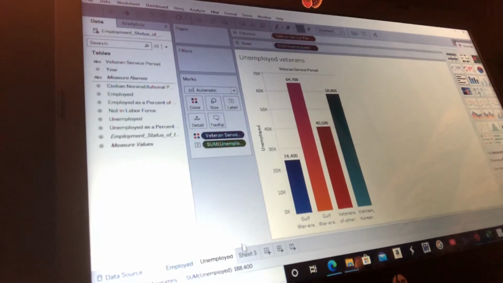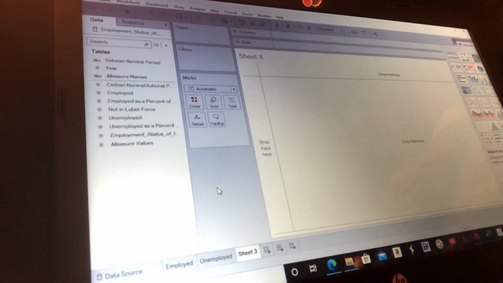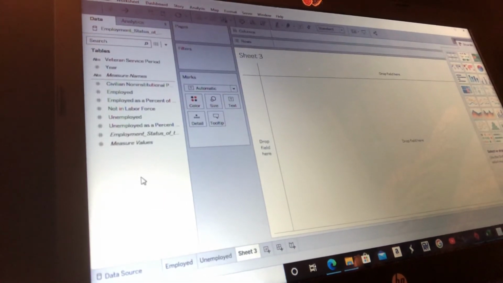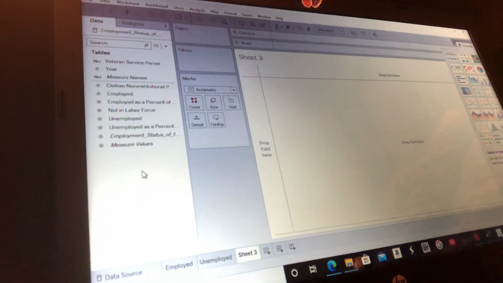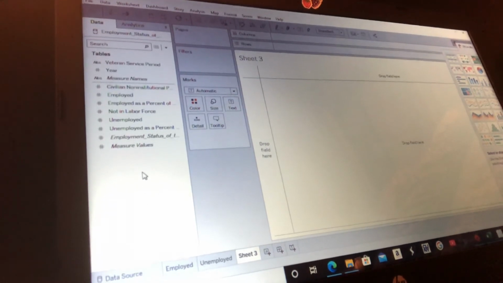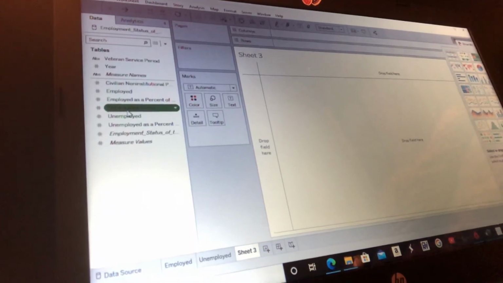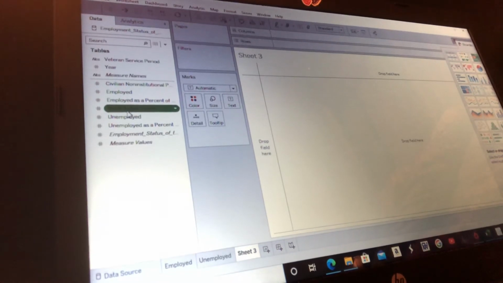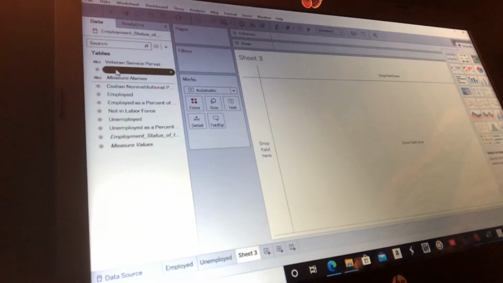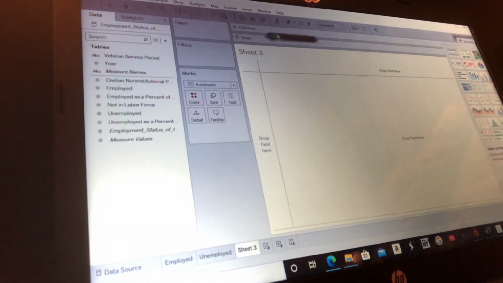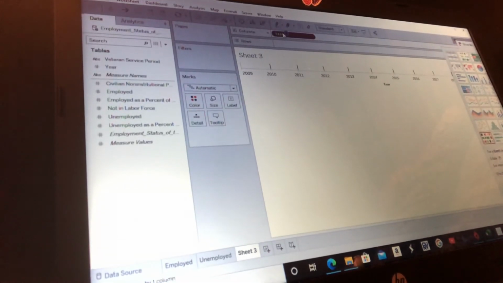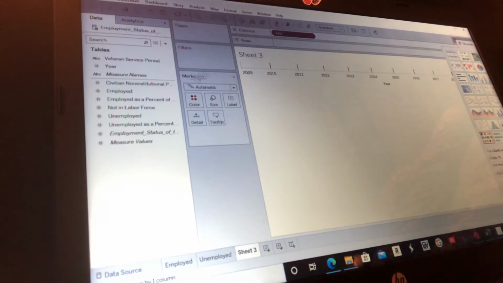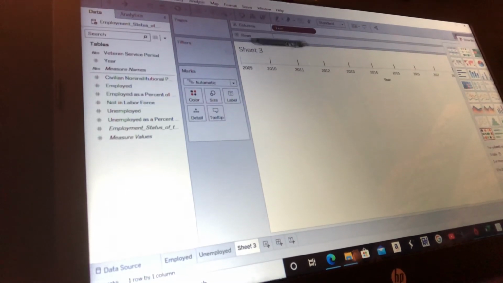Okay, I'm going to do one more visualization, and this is going to be about not in labor force. This is one of the options that we have here, people that are not in the labor force but they're not unemployed. They are just not necessarily looking for a job at the time. So I'm going to put the year so that we can see the time period for this one, and not in labor force.